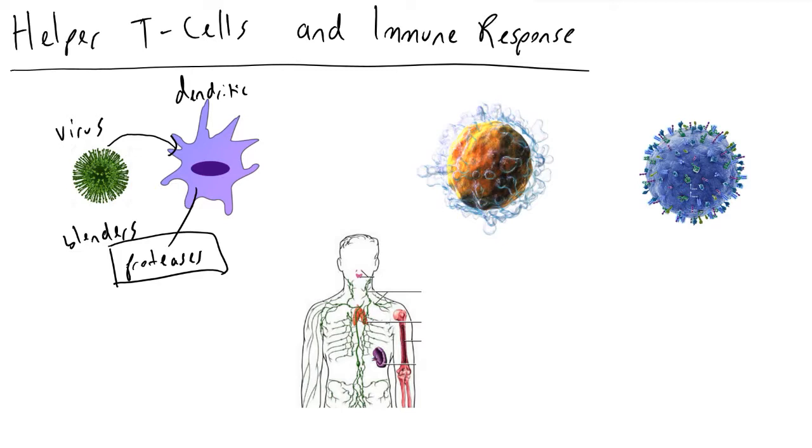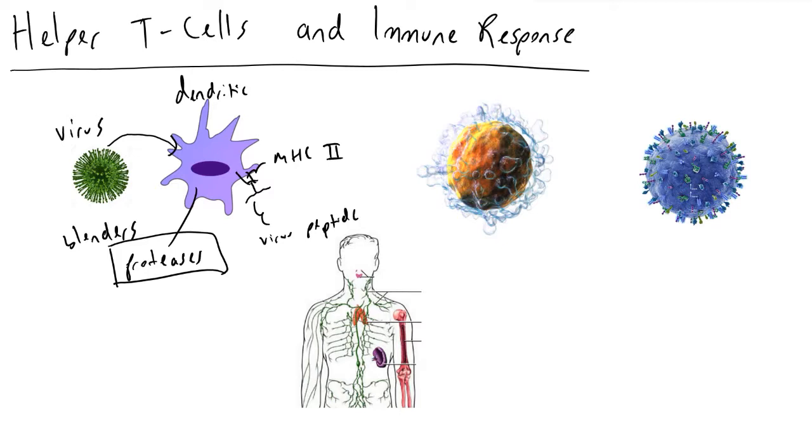After it's blended up the virus's proteins, it will display these on MHC2 complexes, MHC class 2 complexes. And here will be the peptide from the virus. So this will be the virus peptide.